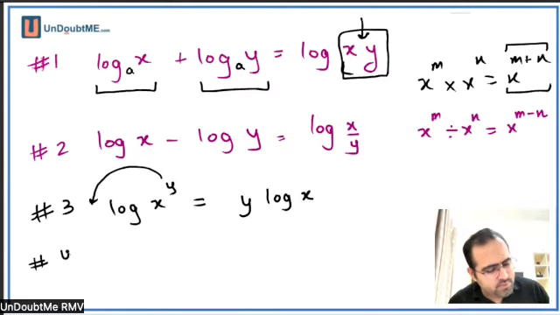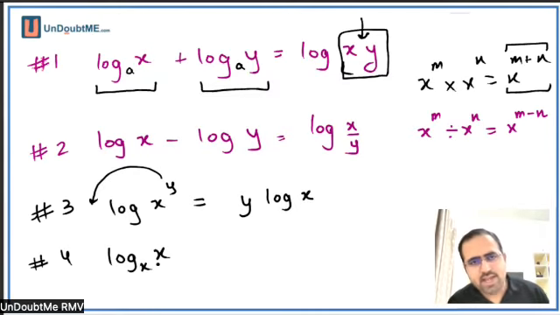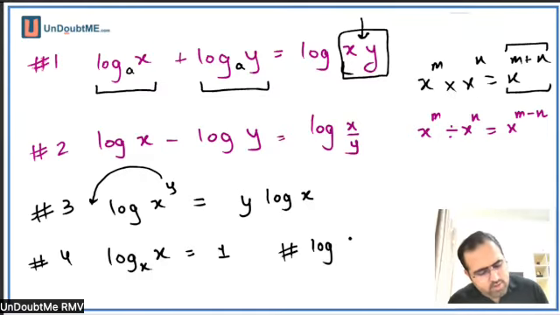Then the next which we have is log of x to the base x. Log of any number to the same base is always equal to 1. Okay. Then number 5 is log of 1. Log of 1 to any base, I'm not writing the base because it can be any base.